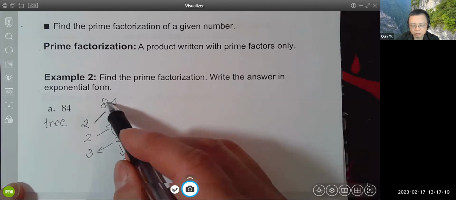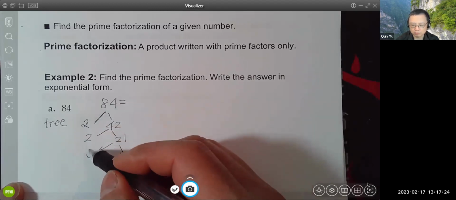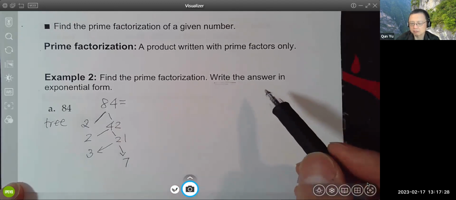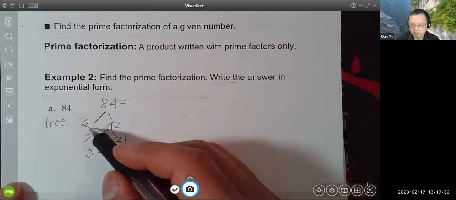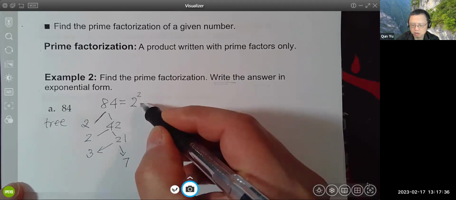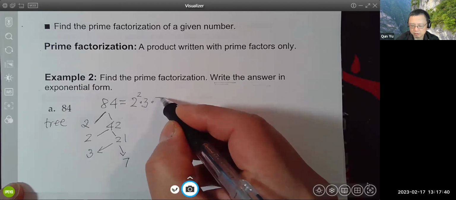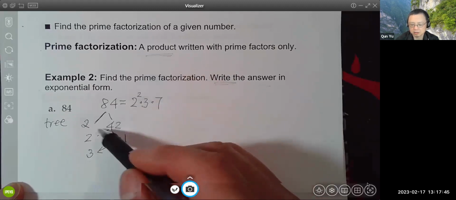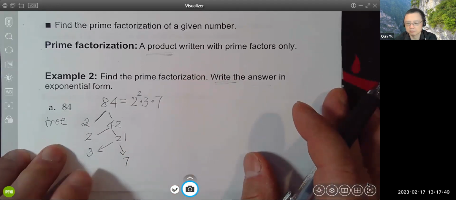You want to write the result. This number 84 can be factored into these 4 factors, but the requirement is that we write the answer in exponential form. So we have 2 squared, 3 to the first, 7 to the first. Remember, factors are multiplied, so write this as a multiplication with dots.